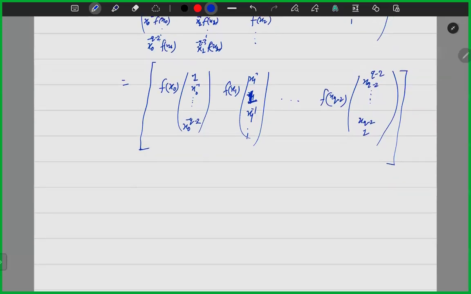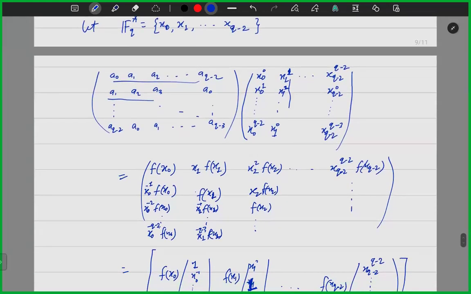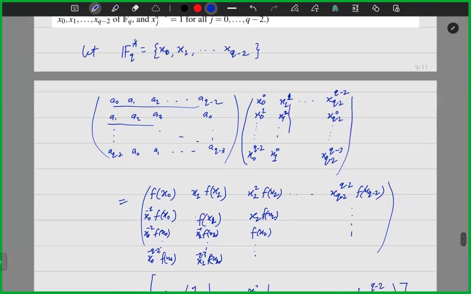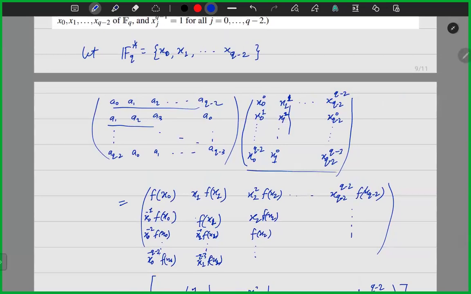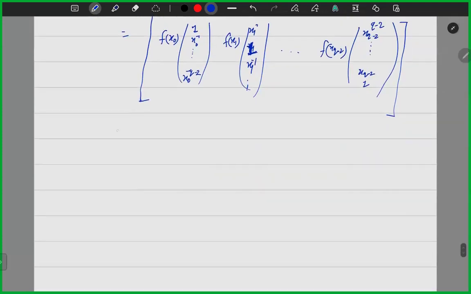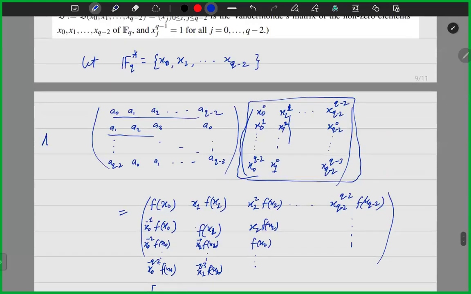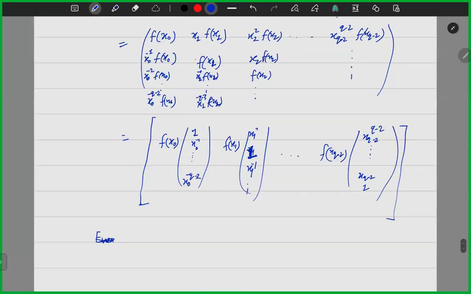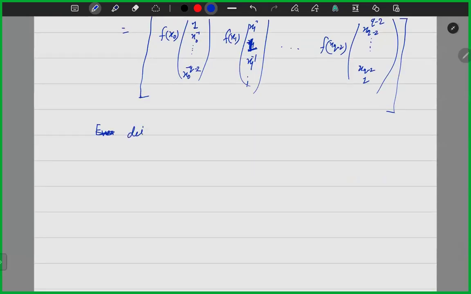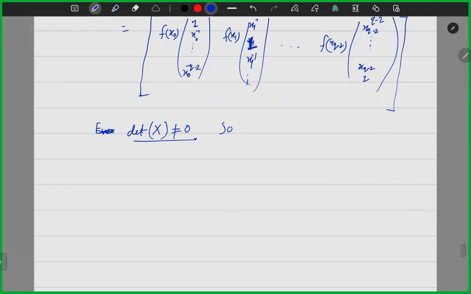So what can you say about this matrix? Let me write: this is A, this is X. The determinant of X is non-zero. So which Xi's are 0?